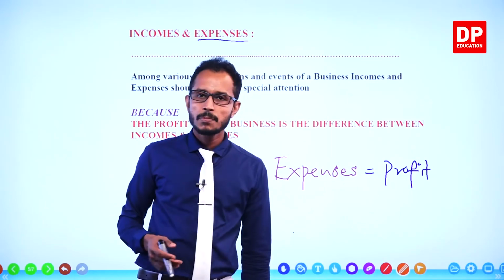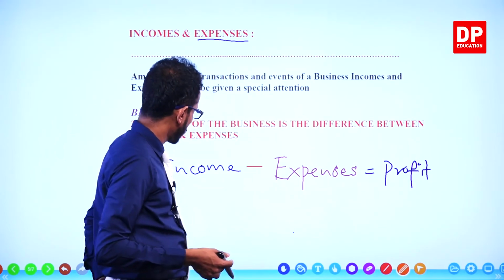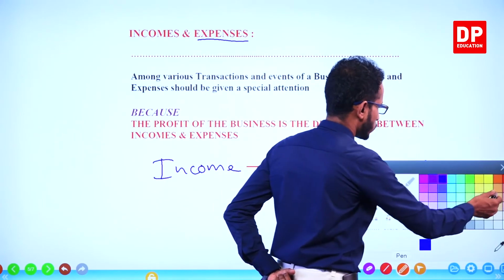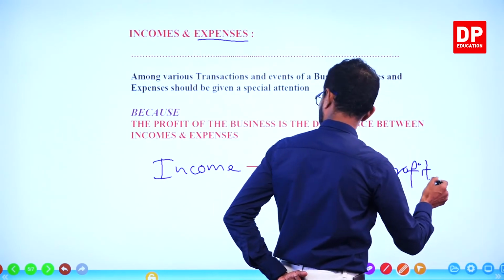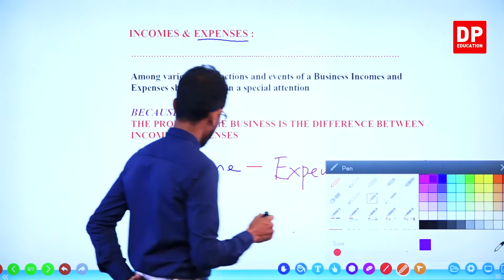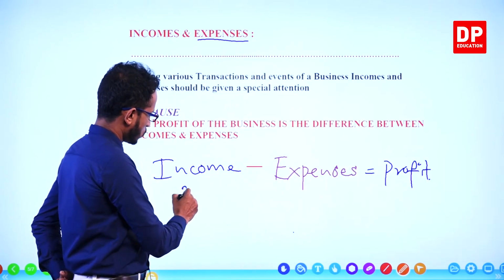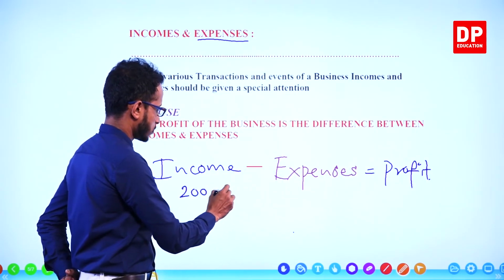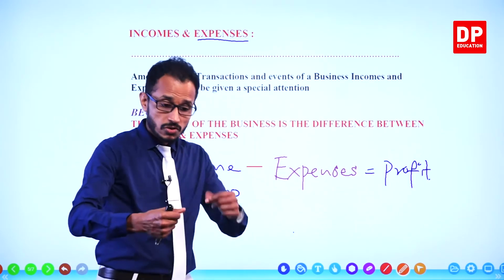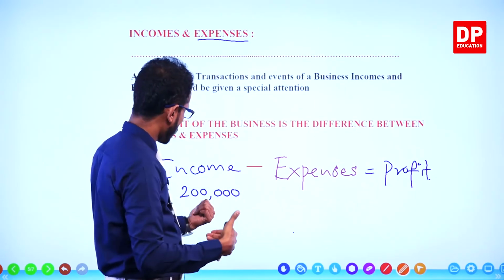In that previous example, let's say I have sold phones worth 200,000. Let's just take this figure. I have sold phones worth 200,000 and got an income of 200,000.